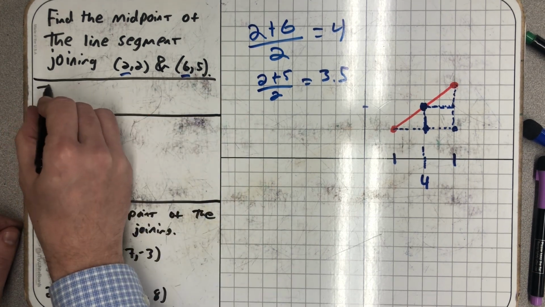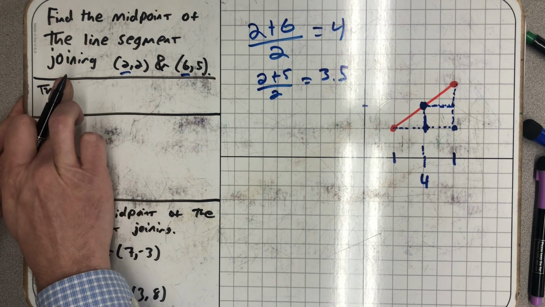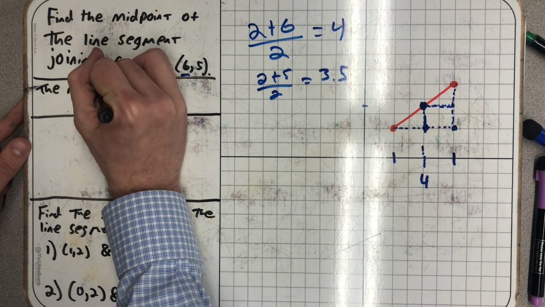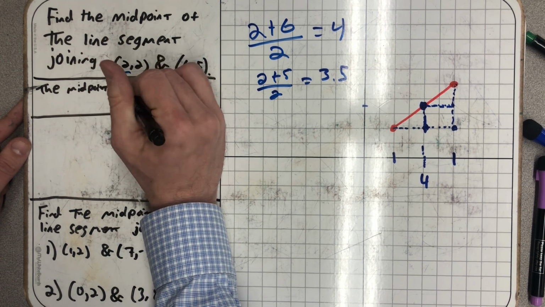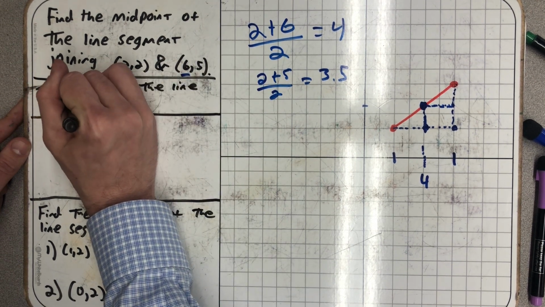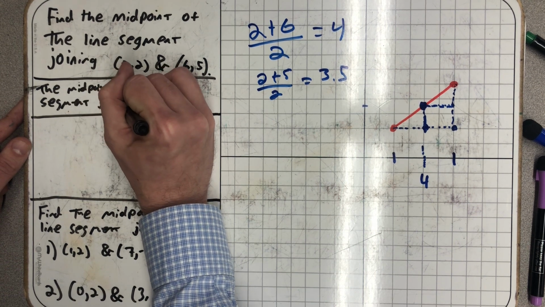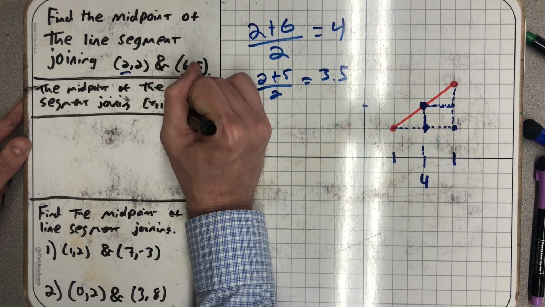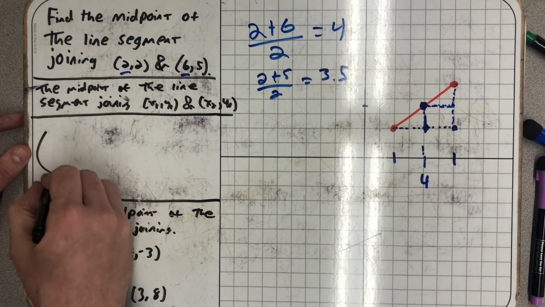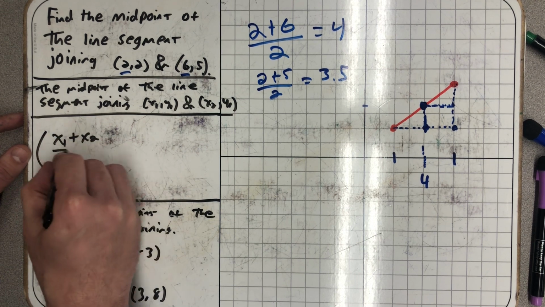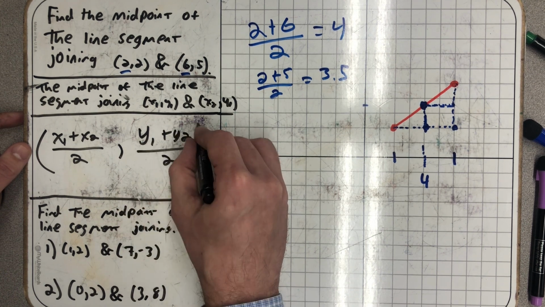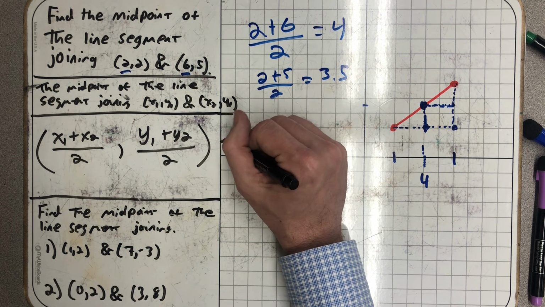In general, the midpoint of the line segment joining x1, y1, and x2, y2 is simply the average of the x's, so x1 plus x2 over 2, and the average of the y's. That is our midpoint formula.